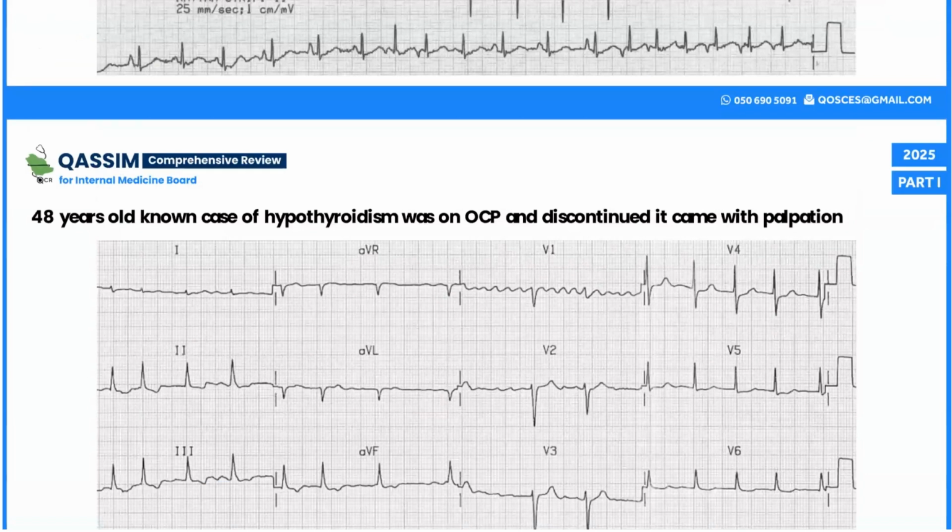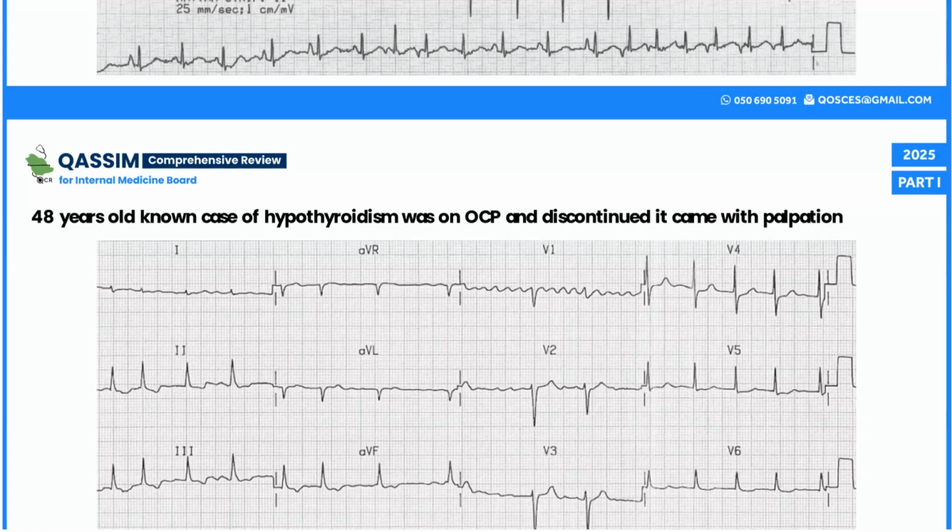This is a patient that we commonly see. It's a patient with hypothyroidism that was on an oral contraceptive pill, discontinued it, and presented with palpitation. This ECG shows a narrow complex irregular rhythm with no clear P wave. What you could see in V1 could be a sawtooth appearance, but the irregularity of the rhythm is not in favor of atrial flutter.